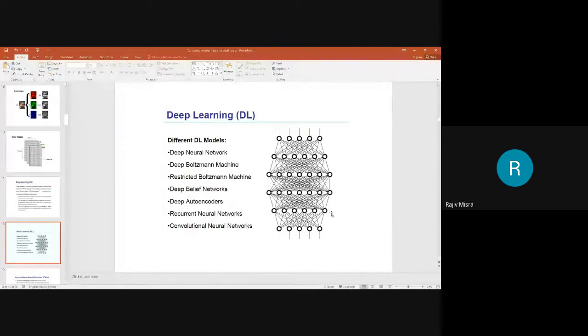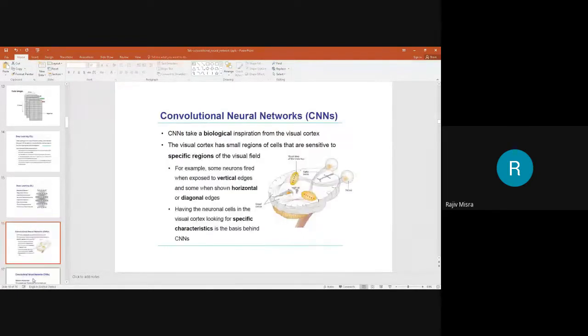The convolutional neural network is a deep neural or deep learning model which deals with images. Convolutional neural networks are biologically inspired by the visual cortex, that is our eye system. From that biological inspiration it has been designed, and that is called a convolutional neural network.